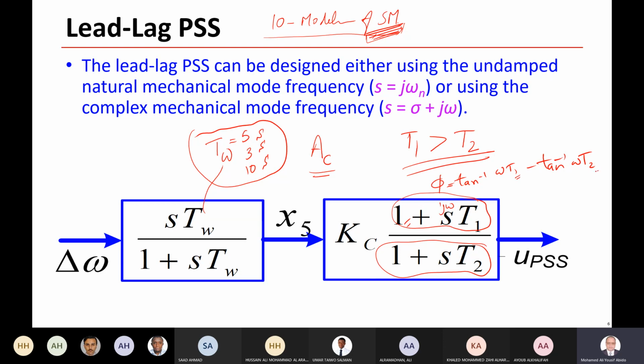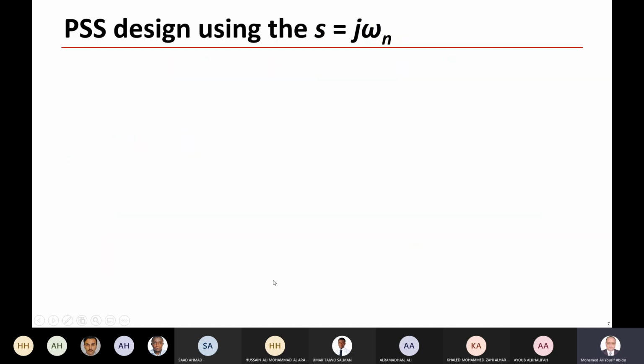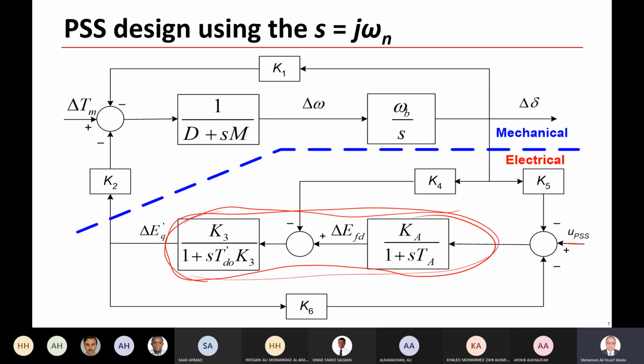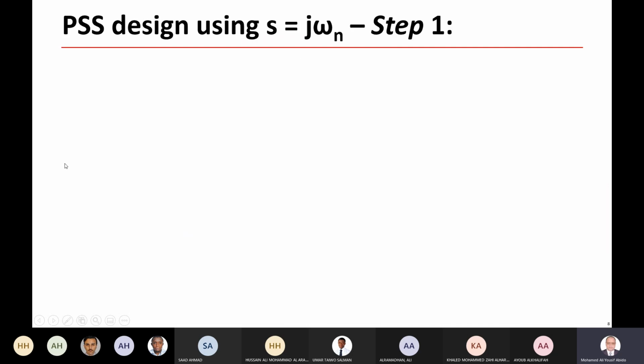So we need T1 to be greater than T2 to have a positive phase angle, so it will compensate for the lagging angle through these blocks. So you have here the power system stabilizer signal, and this signal passes through these blocks, so we experience phase lag, so we need the power system stabilizer to provide phase lead in order to compensate this phase lag. So this is the idea, and we will see how to proceed in steps.